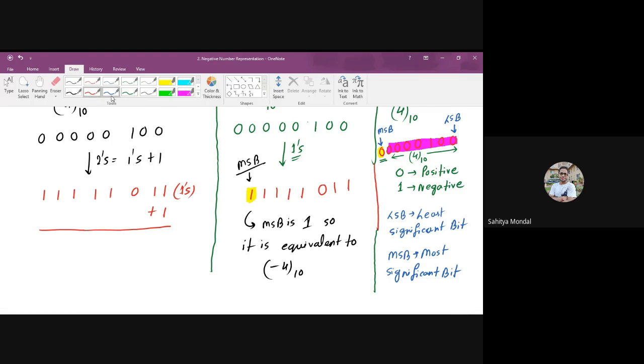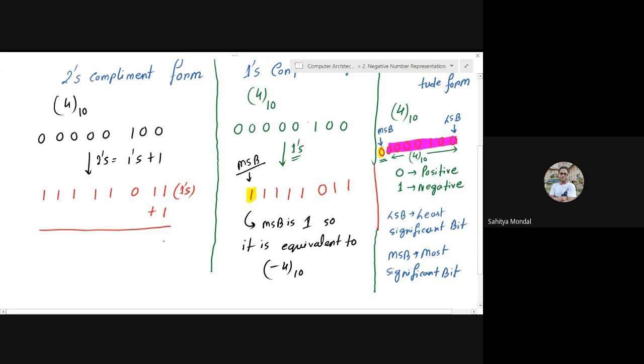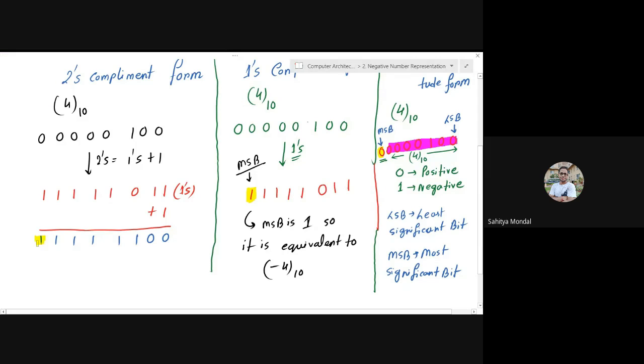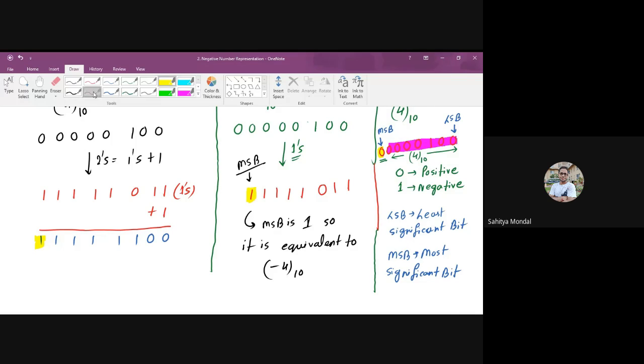So when we sum them, what do we get? We get 0, 1, 1, 0 carry 1, 0, 1, and all the remaining bits will be 1. Now you can tell me what the MSB is in 2's complement. The same thing, this is 1. This is the MSB.